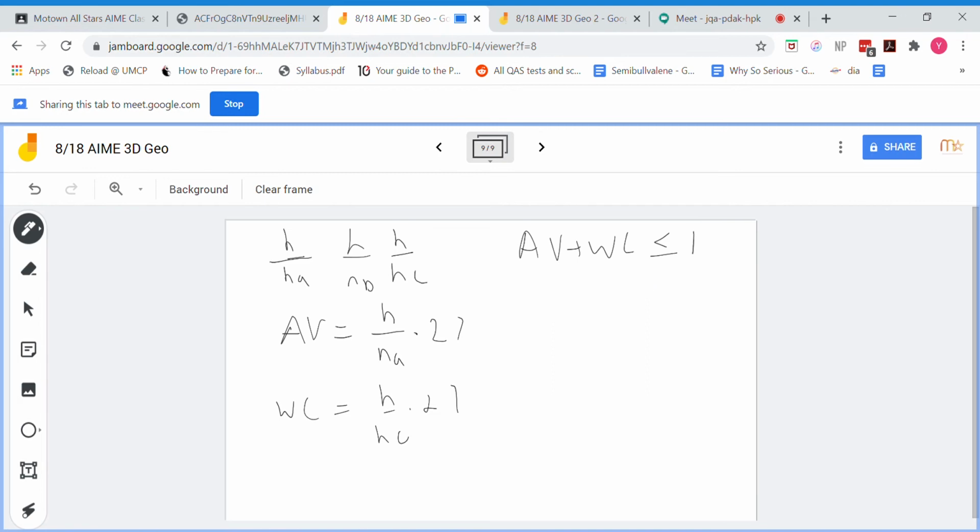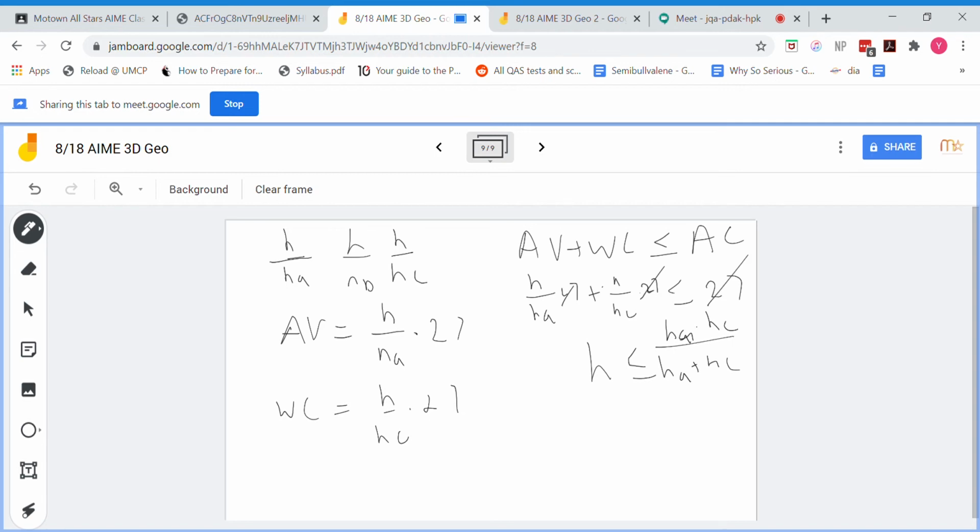Right? We can't have them overlap, otherwise the table is non-existent. So if we now plug in our formulas, 27 times H over HA plus 27 times H over HC is at most 27. Wow, how convenient. And so if all these cancel, and we rearrange, we get H is at most HA times HC over HA plus HC.